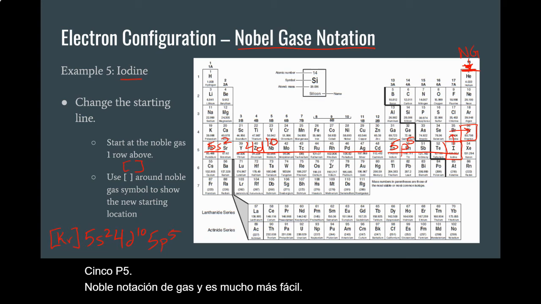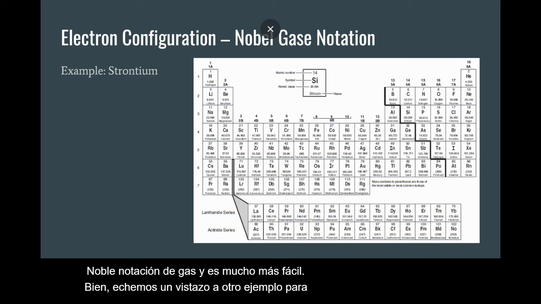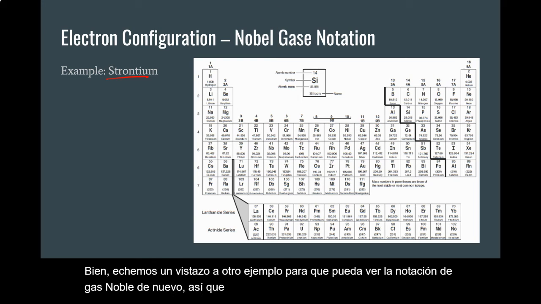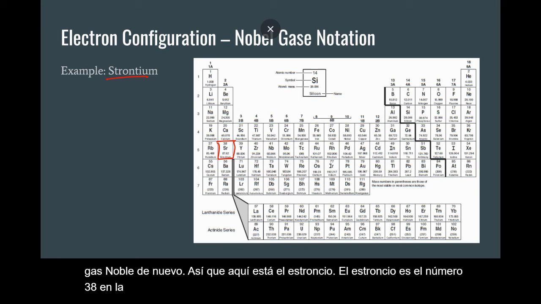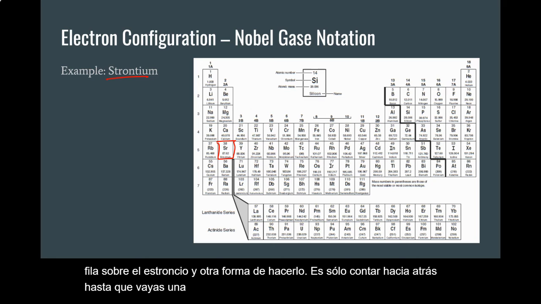Okay, let's take a look at another example so that you can see noble gas notation again. So here's strontium. Strontium is number 38 on the periodic table. Step 1, I need to find the noble gas one row above strontium. And another way of doing it is just count backwards until you go one row. So 38, 37, 36.